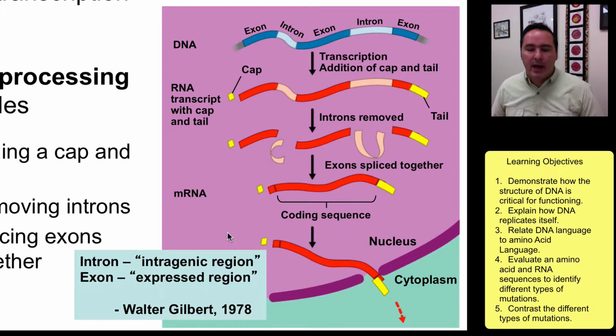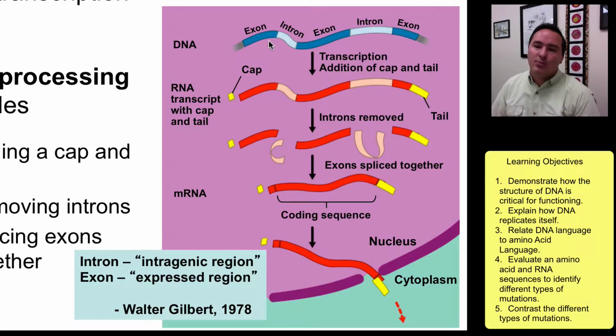These were named by Walter Gilbert in '78. Intron refers to the intragenic region, so the regions between the actual genes, or between the information that is really genetic information that's going to be used to make the protein. So it's as if the introns are just spacers, just fillers. And the exons are the actual expressed regions. These are the regions that are going to be expressed.